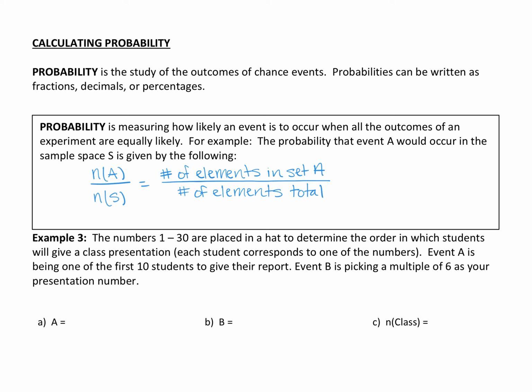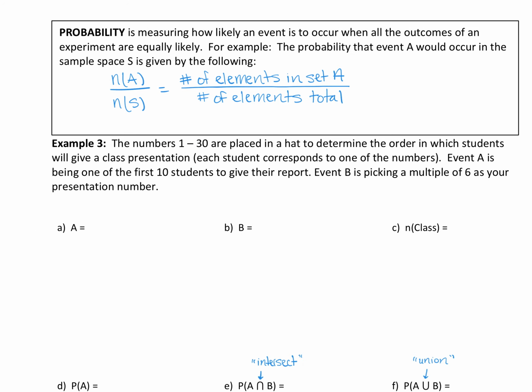Event A is being one of the first 10 students to give their report. So that means event A are the students who draw numbers 1 through 10 from the hat. Those are the first 10 students who will give the report.